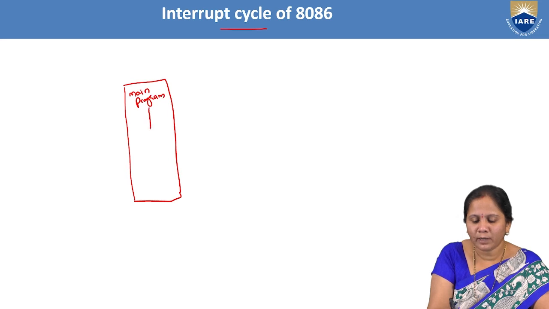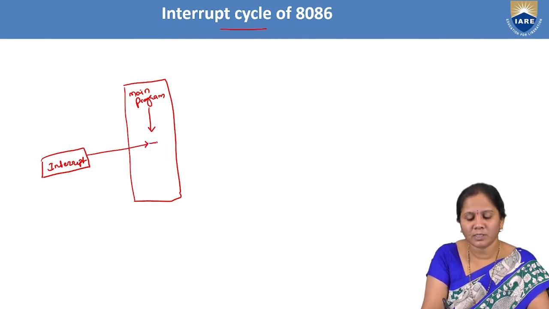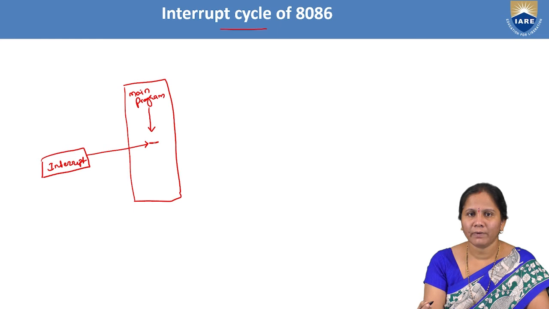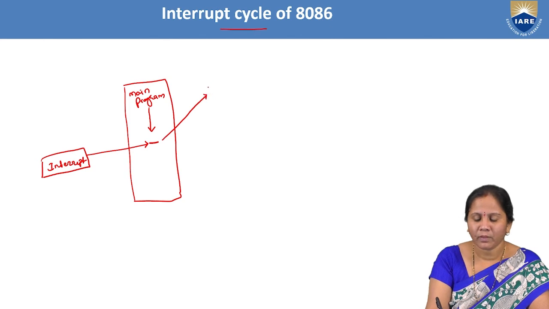When the CPU is executing the main program, if any interrupt comes in between, what will the microprocessor do? The microprocessor will stop executing the main program. It is going to increment the value of IP by 1 in order to store the next address, and it is going to branch the control to the ISR.